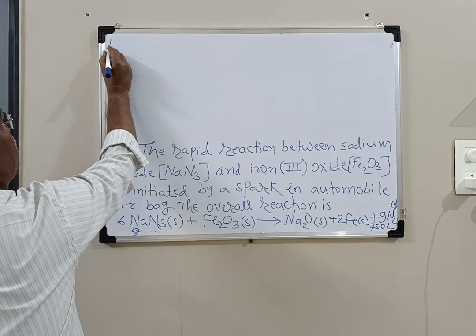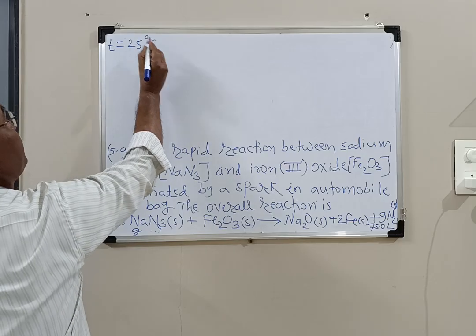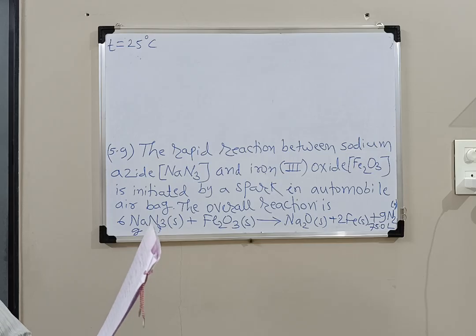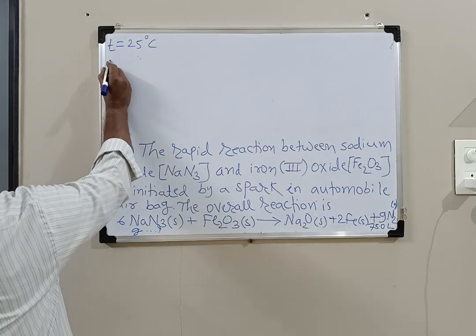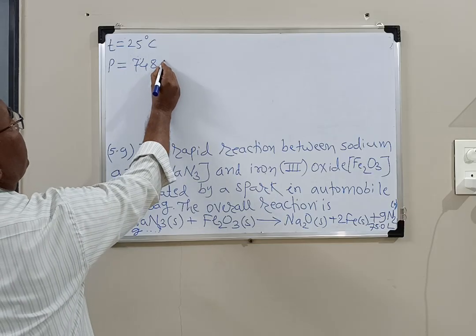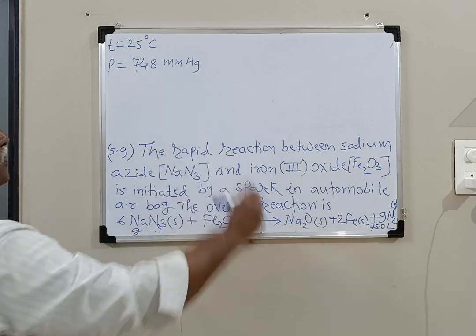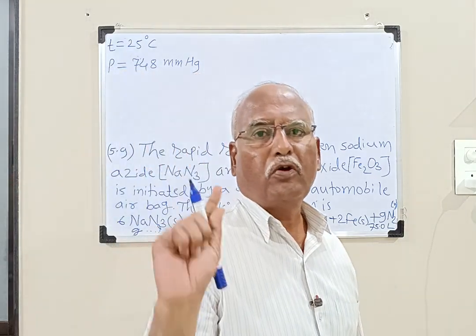So T is equal to 25 degrees centigrade and 748 mmHg. Pressure is given. P is equal to 748 mmHg. So this is the problem that we are going to solve.